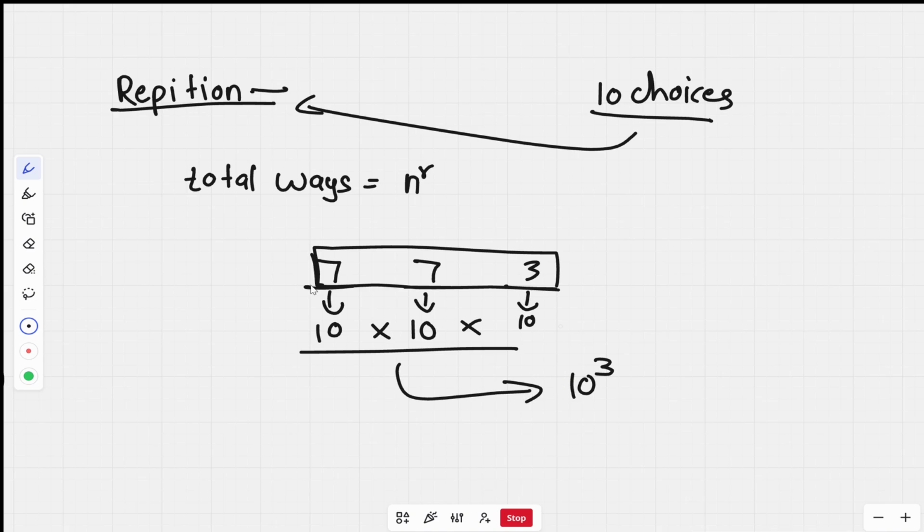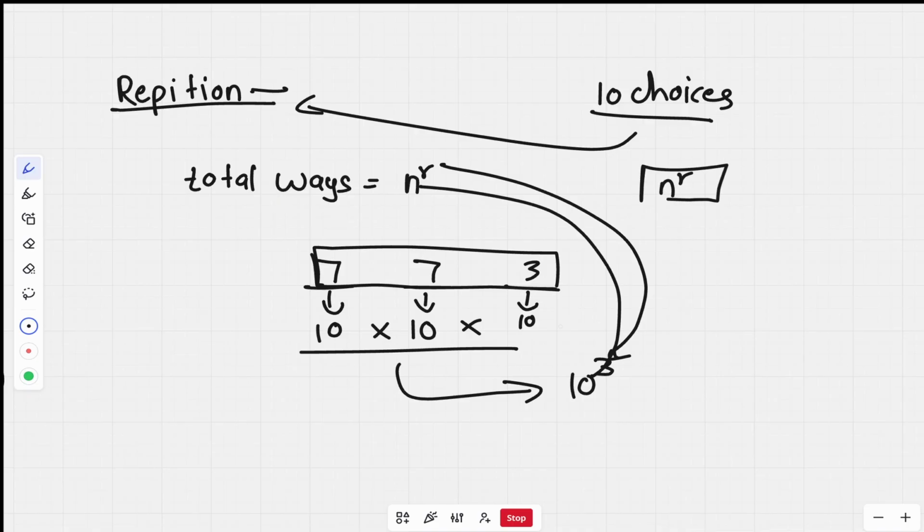Now notice we need three letters to be arranged, and there were 10 total elements. So n here becomes 10 and r becomes 3, right? So yes, when repetition is allowed, the total ways to calculate the arrangement is n to the power r.